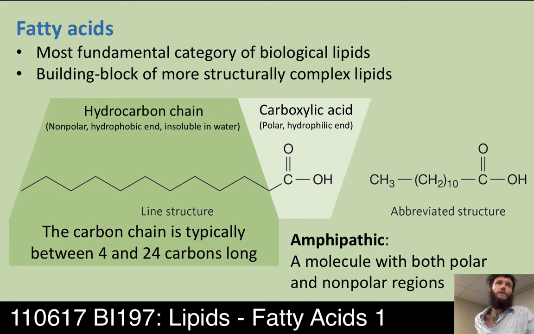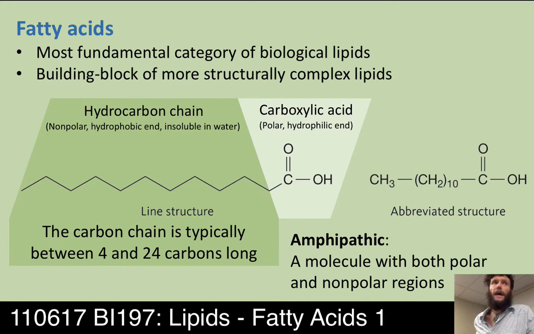If you were going to come up with an equivalent chemical formula for a fatty acid, like the CH2O subscript n for carbohydrates, it would be this abbreviated structure here. You have a methyl group on the end, and then these CH2 groups in the middle.